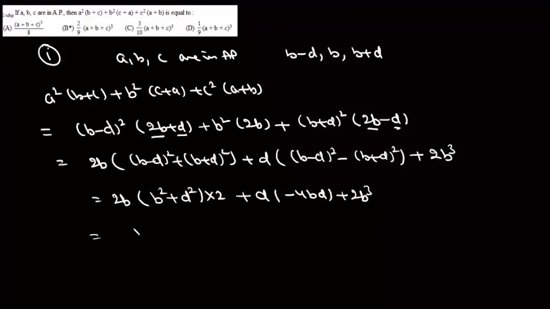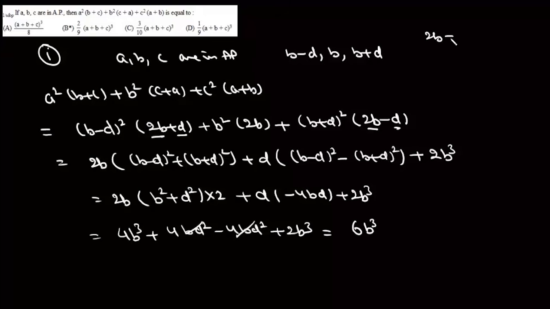Now this is 4B cube plus 4Bd square minus 4Bd square plus 2B cube. Now it will cancel. So this is 6B cube.